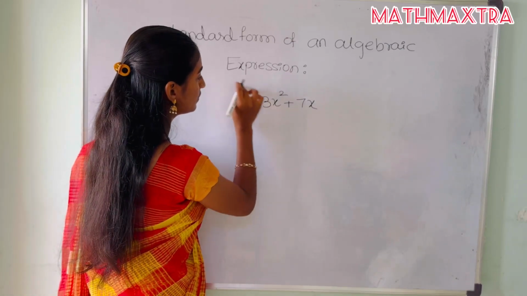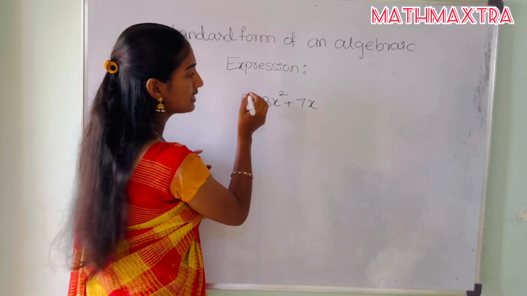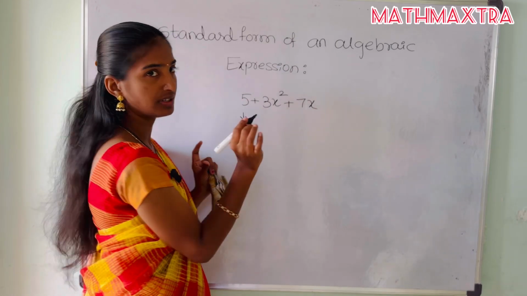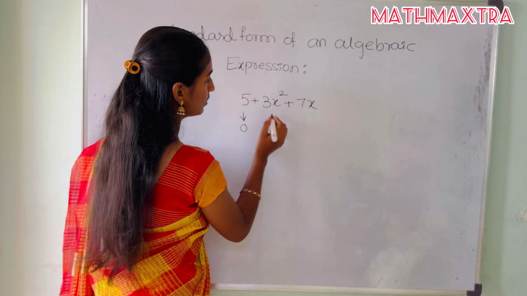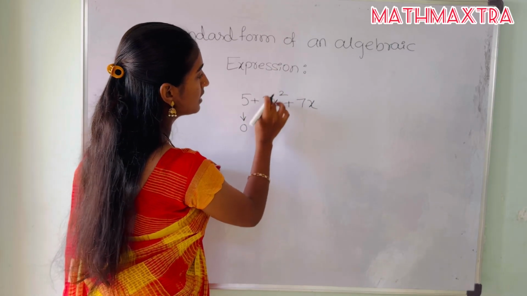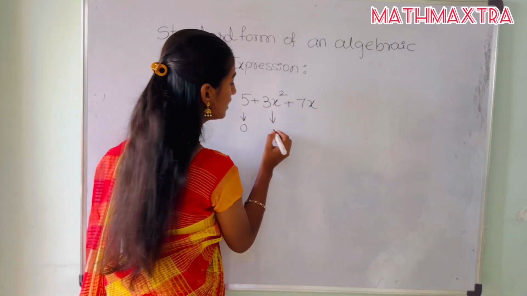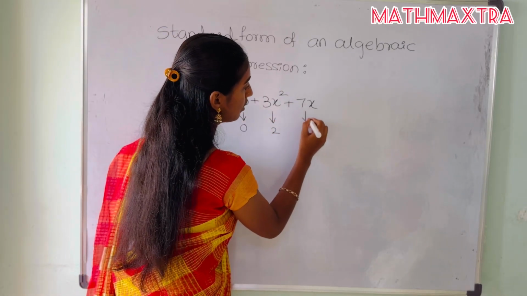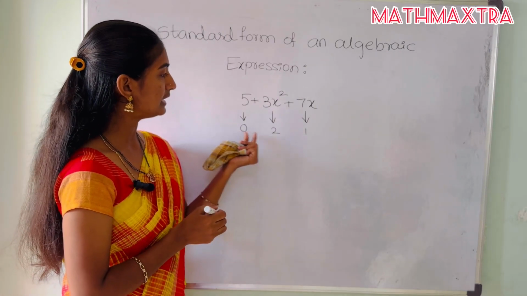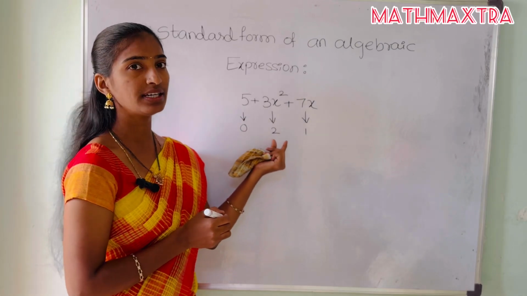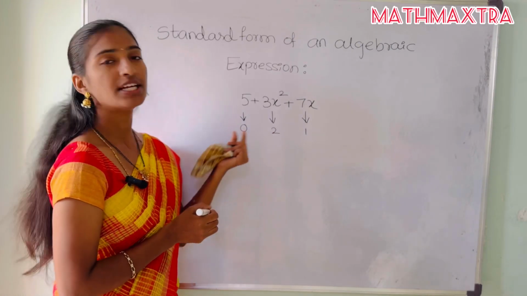What is the degree of this term, 5? As it doesn't have any literal coefficient, meaning it doesn't have any variables, the degree is always 0. Okay. So what is the degree of 3x square? It is 2. What is the degree of 7x? It is 1. Now you arrange the degrees of these terms in descending order.